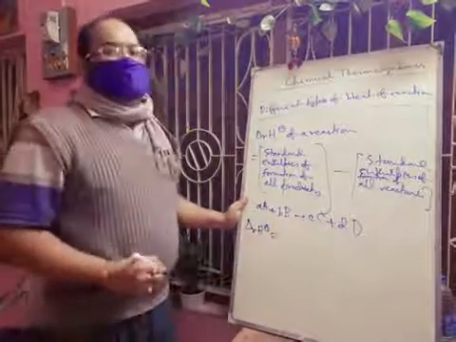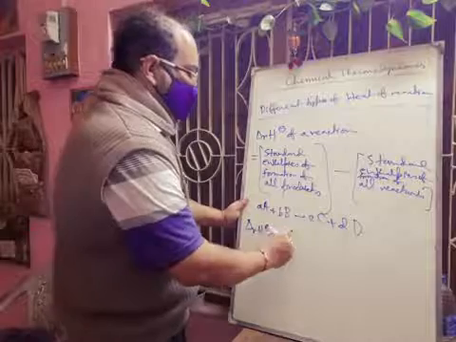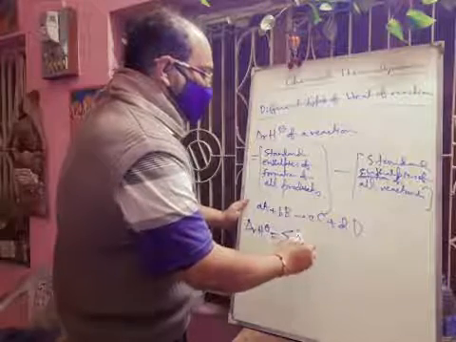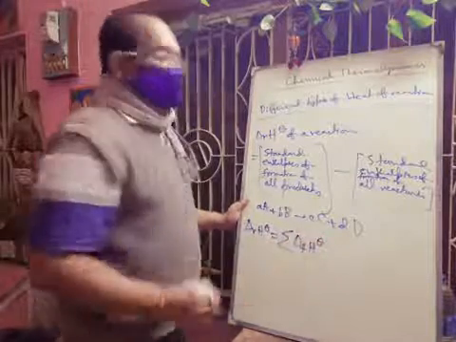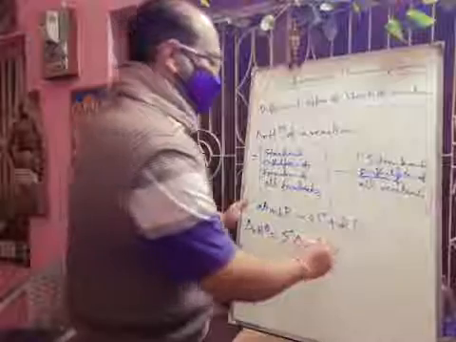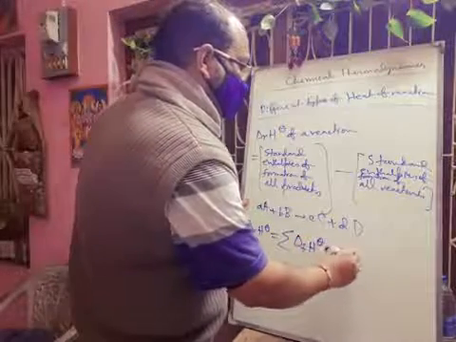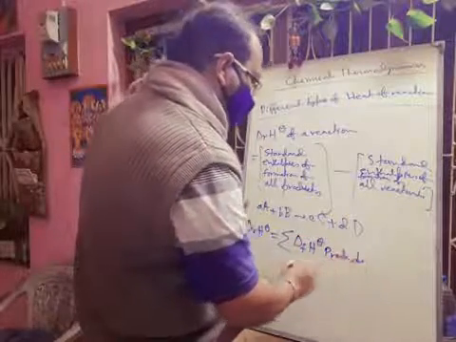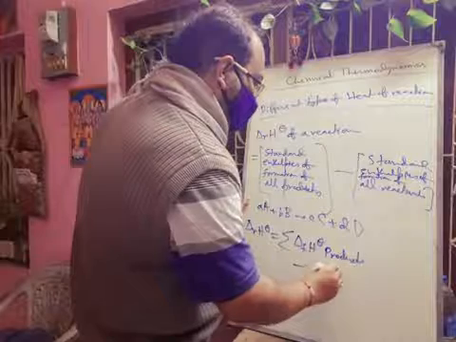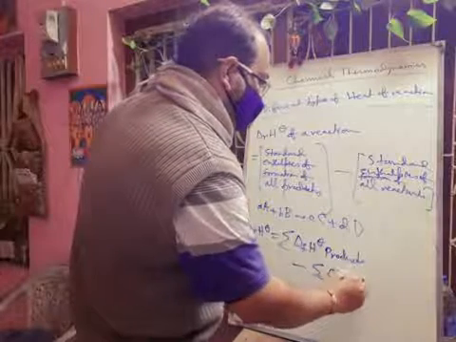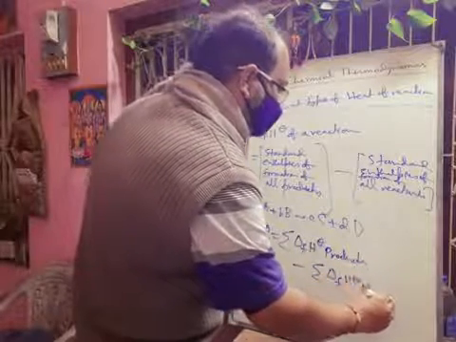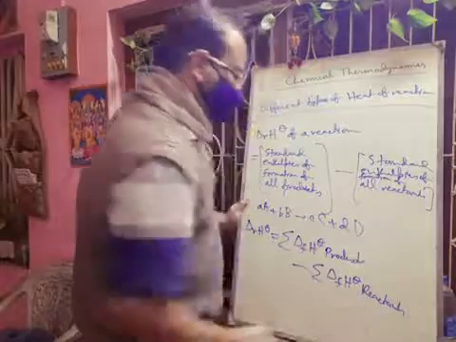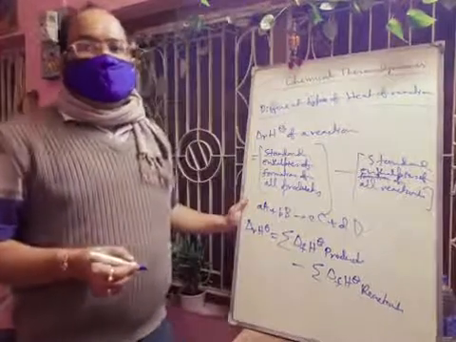That will be the summation of delta F H theta of products minus delta F H theta of reactants. Hope you can understand.